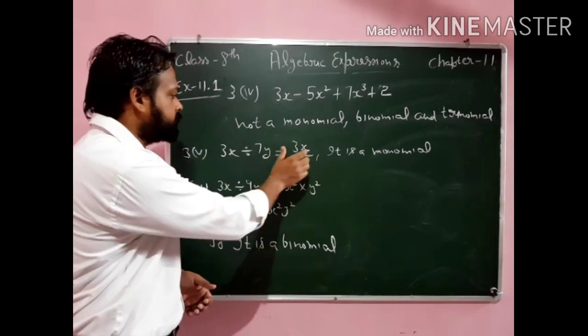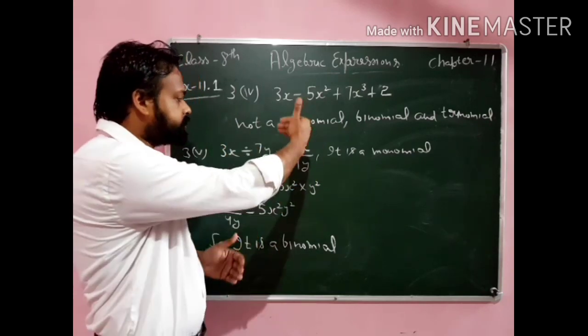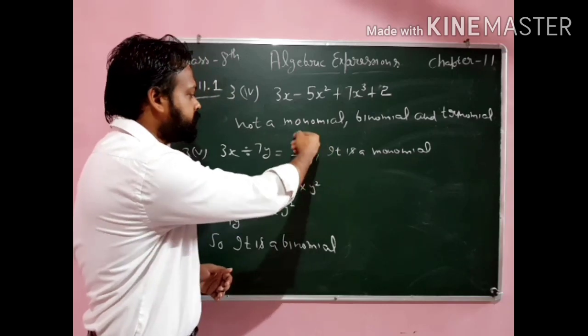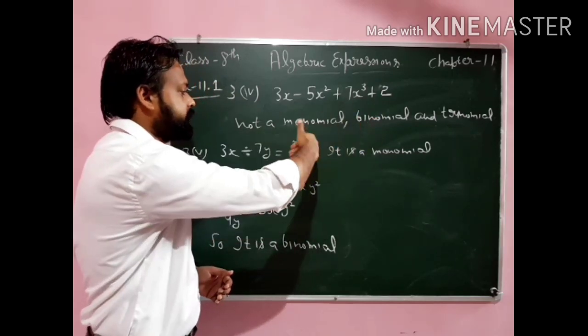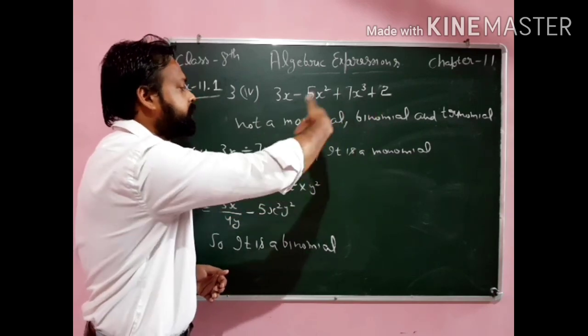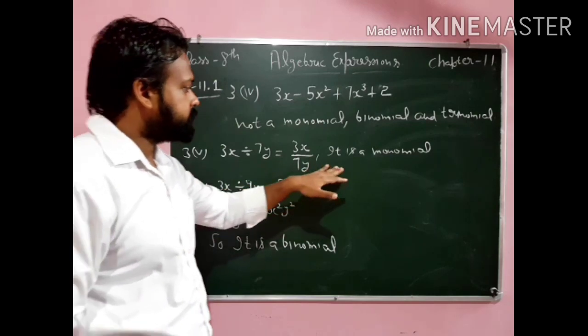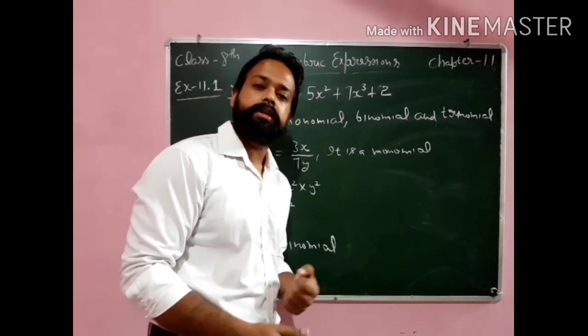Now see, this is 3x divided by 7y, so that is why I took 7y in the denominator. Now it becomes a single term. You can see only a single term is there, no plus or minus sign is separating this term from other terms. So this is only the single term 3x over 7y, so that is why I have written here it is a monomial. I hope this is clear to you.